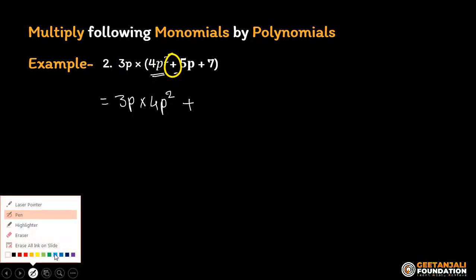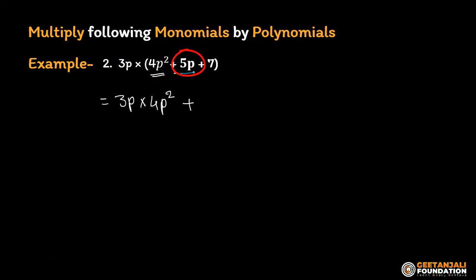Now I'm taking the second term inside this parenthesis, that is 5p. Now this 3p will be multiplied with this 5p. So you will write 3p times 5p. Next I'll take this plus sign now, and this 3p will be multiplied with this 7. So this will be written as 3p times 7.